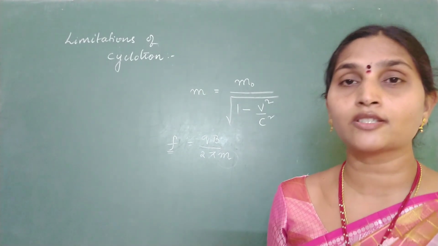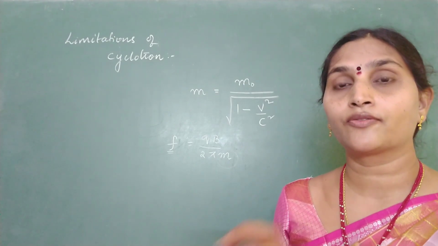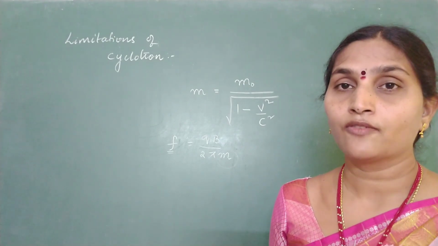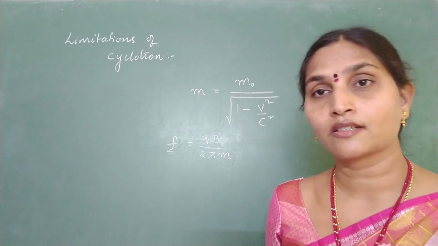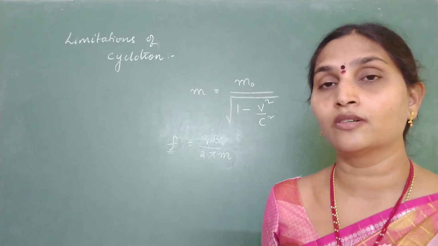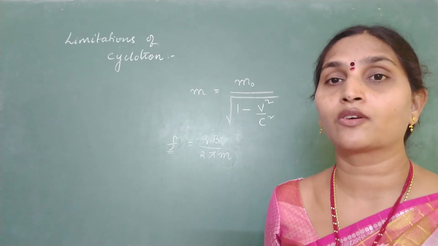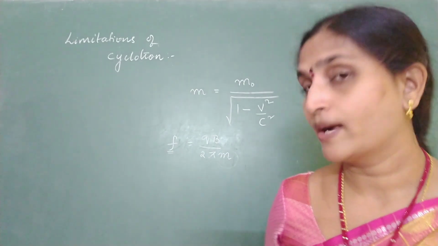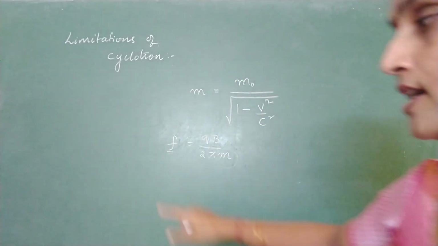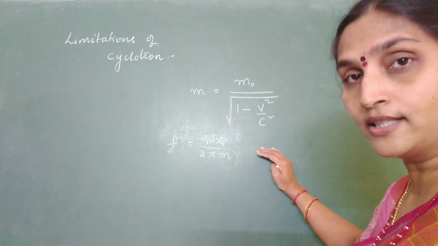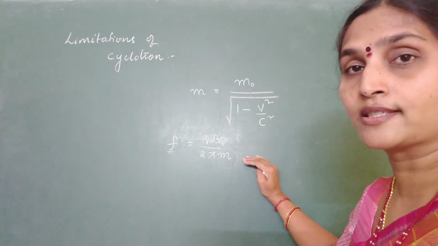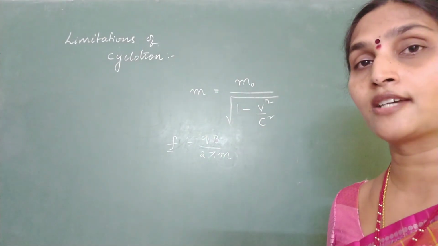Because once we fix an oscillator, we fix a particular frequency for it. If the frequency of the charged particle changes, the oscillator frequency also has to change to keep the electron in working mode. So if mass changes, frequency changes, resonance condition fails, and if resonance condition fails, we cannot accelerate the charged particle inside a cyclotron.